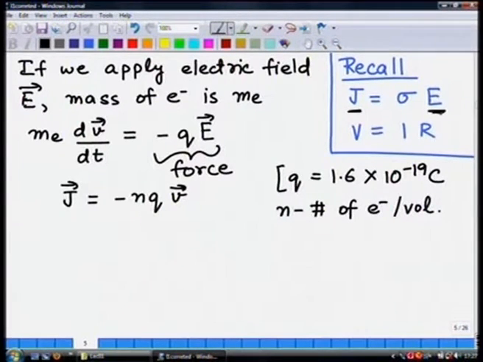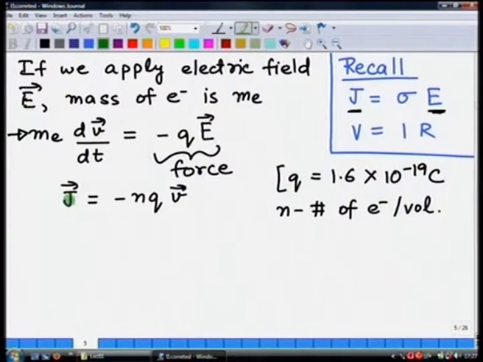But if you notice, if I apply an electric field, which is a force, this equation tells me that velocity will continue to increase in time. If velocity increases in time, then the current density must also increase. That's contrary to our observation.